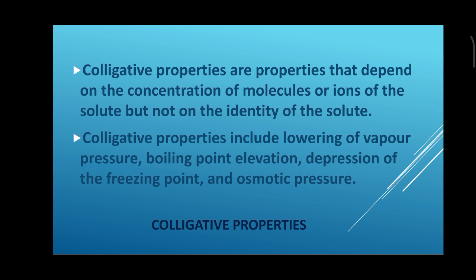One is boiling point elevation and the other is freezing point depression. These two properties are temperature oriented properties. So, colligative properties are totally four properties. Two are properties of pressure and two are properties of temperature.